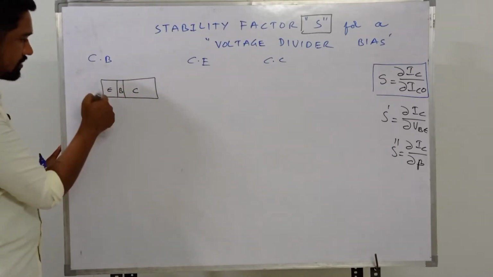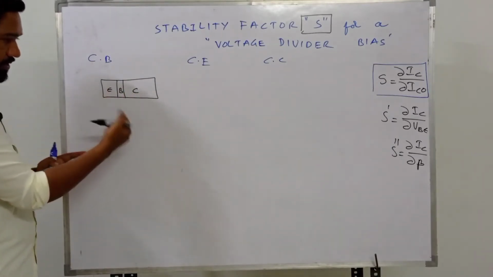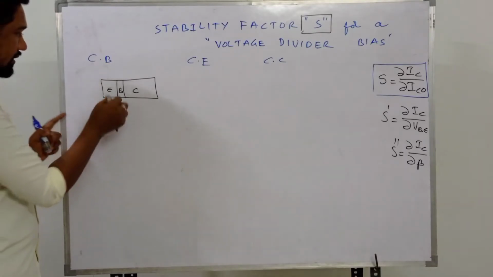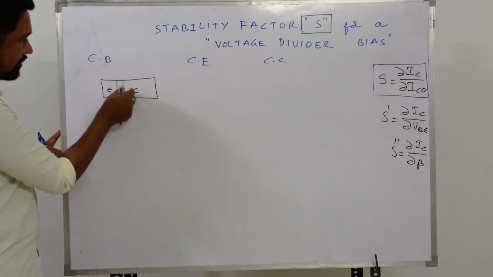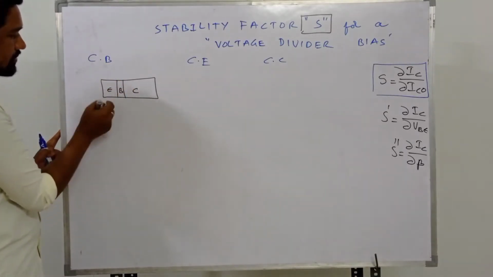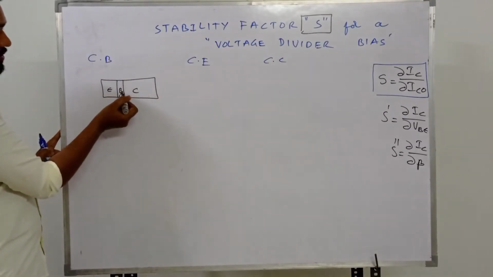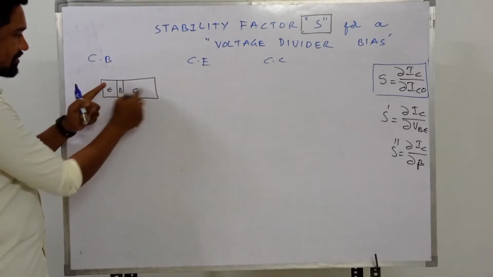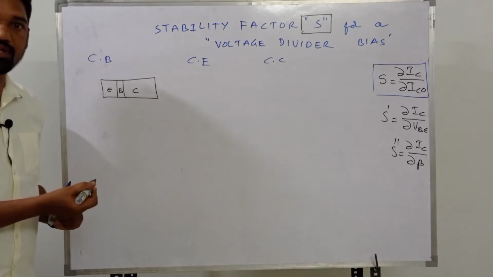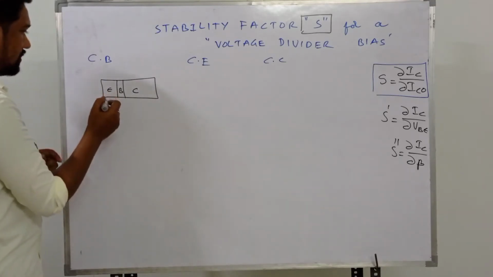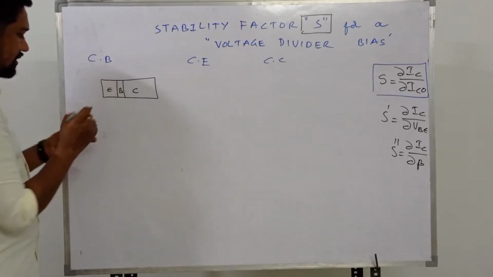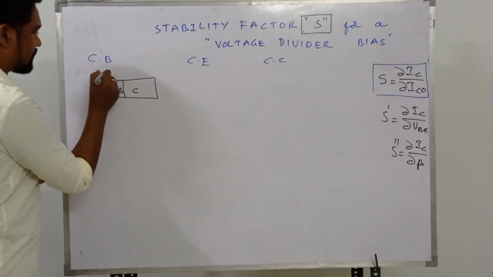This is the information I want to give from this picture. I didn't draw it exactly at the center or with equal places. So the base is thinner when compared to collector and emitter has a larger area. Emitter occupies a larger area in a transistor. And let the discussion be for an NPN transistor.